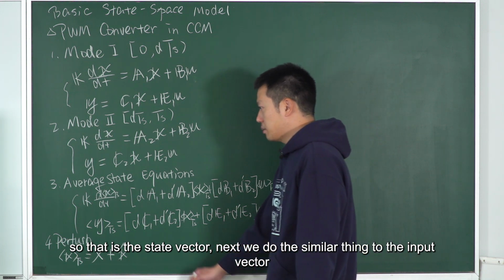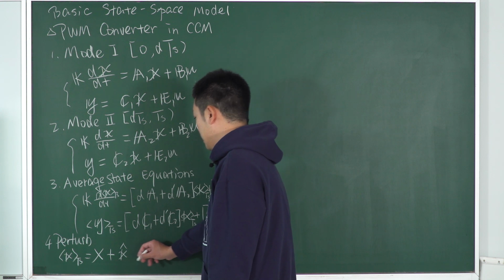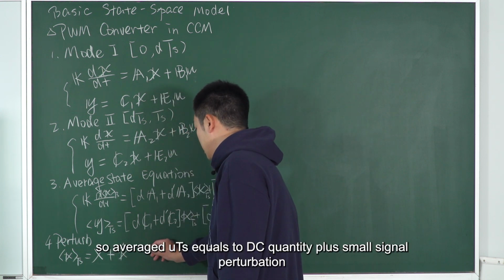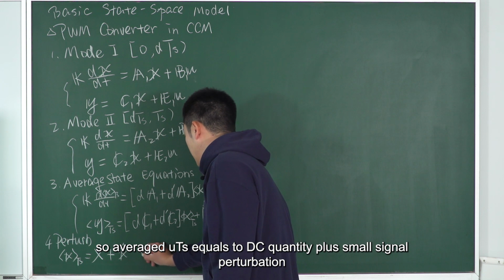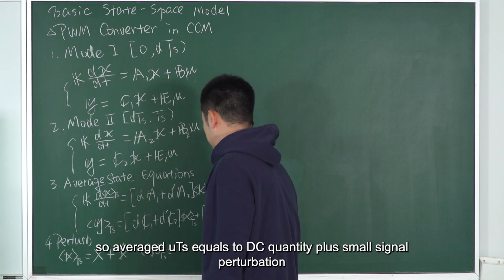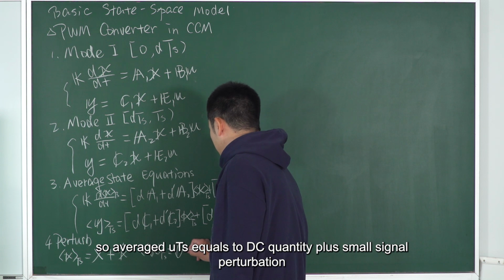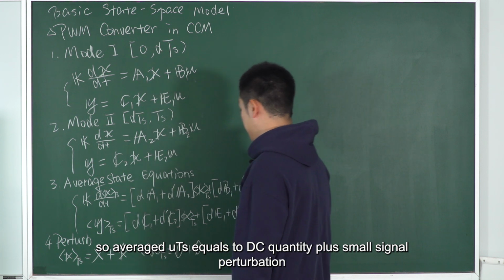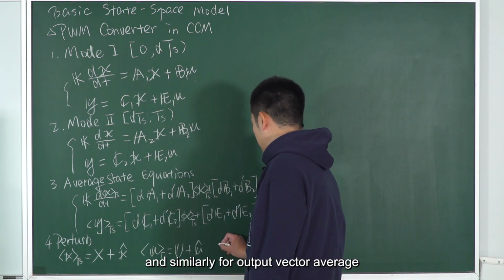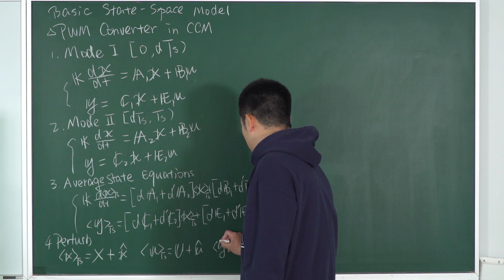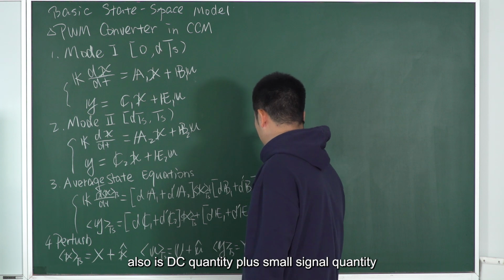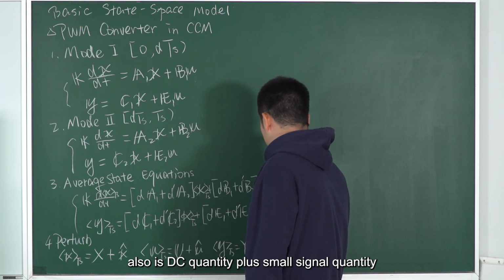Next, we do the similar thing to the input vector: the average u over Ts equals the DC quantity plus small signal perturbation. And similarly for the average output vector, it is also the DC quantity plus small signal quantity.